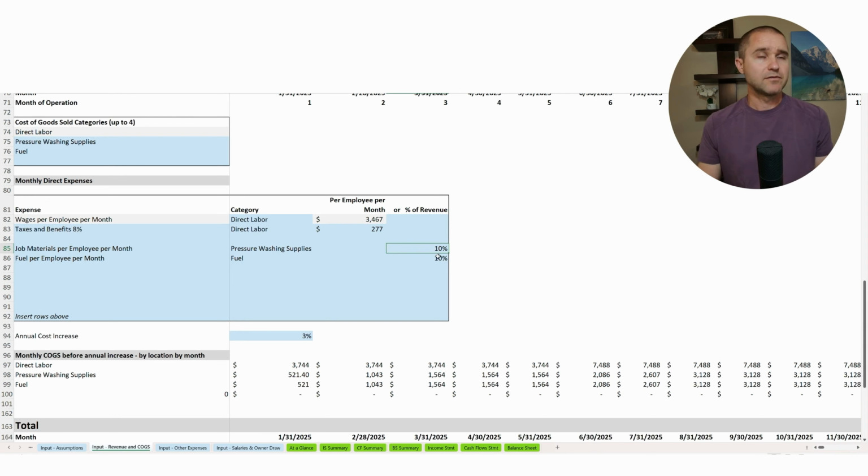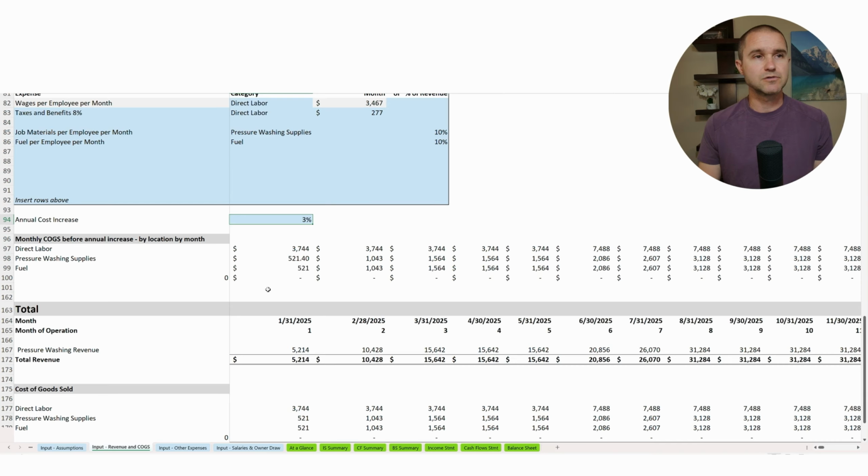And then we also have fuel costs. So this is fuel for the job. Now this can be fuel for both the pressure washing unit, but fuel also for your vehicle to travel to the job site, right? And then we have an annual cost increase here for the cost of goods sold as well.